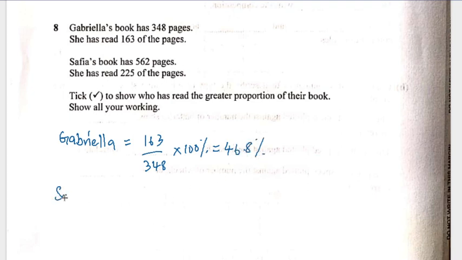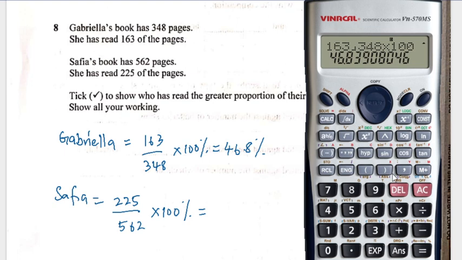And for Safia, she has read 225 out of 562 pages. Convert to percentage. So we will see here 225 over 562 times 100%. Okay, so we will get 40.04%.